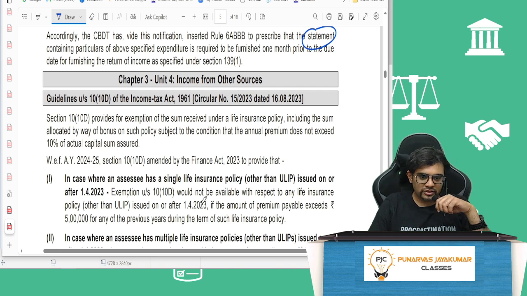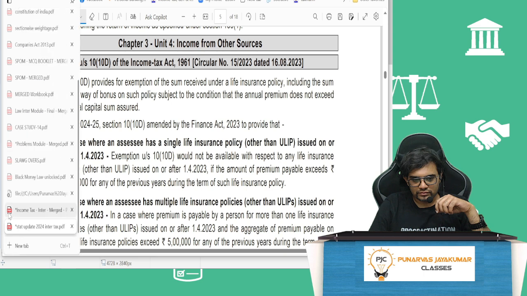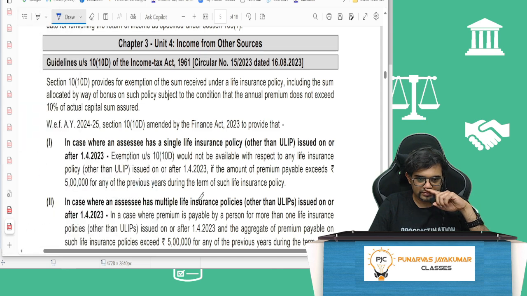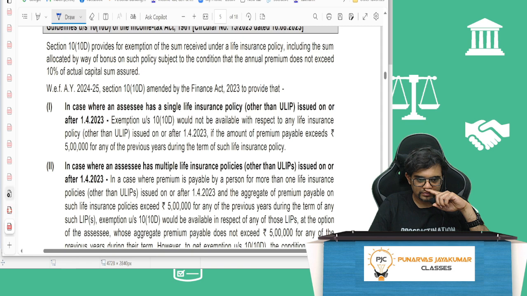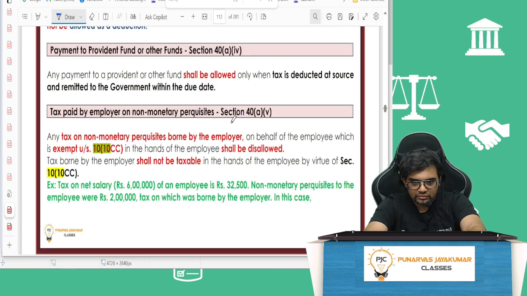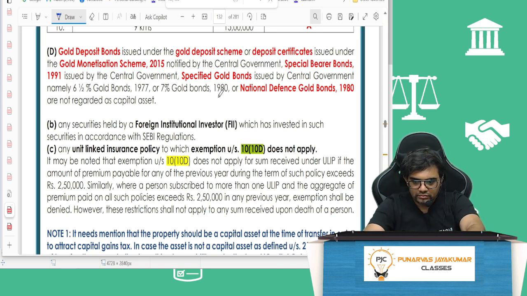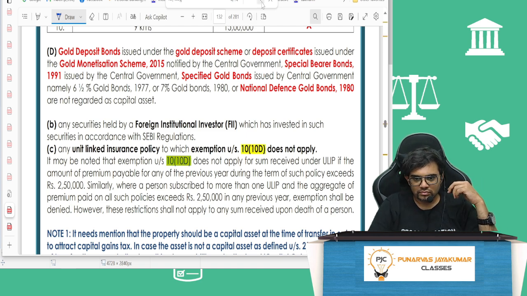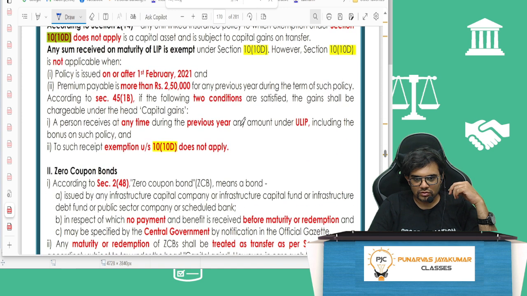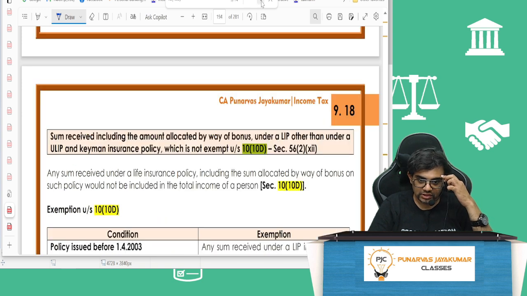Now, guidelines with respect to 10(10D). Life insurance policy other than ULIP.